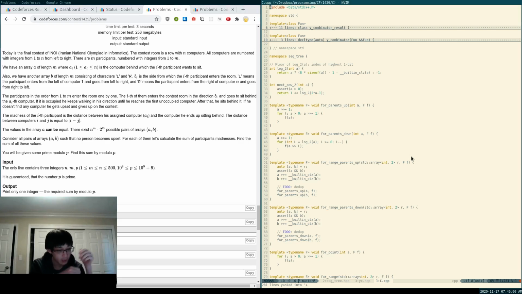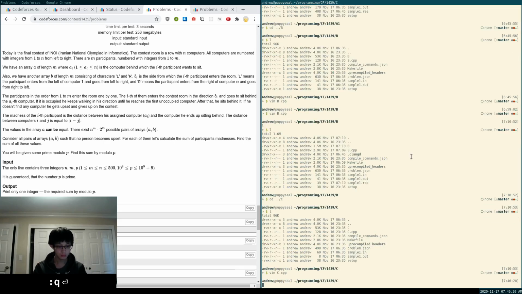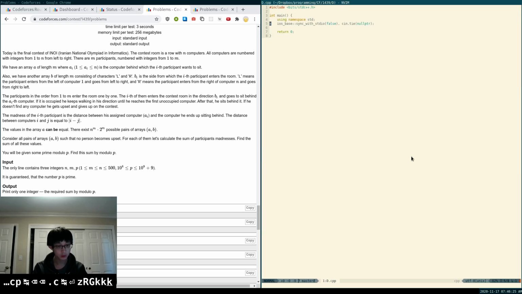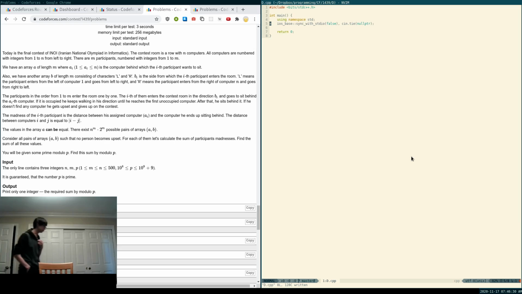4 is not so bad. What is m? So the DP is in an array of size n.